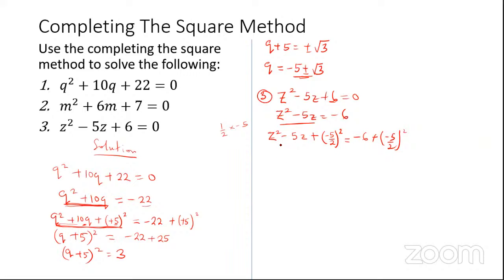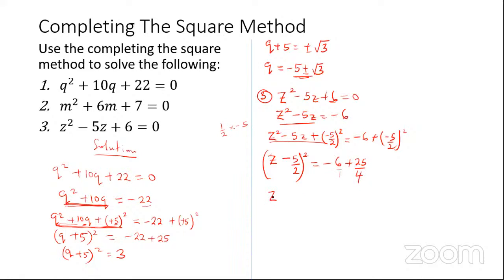So from there, when you want to factorize, you take one of the two squares. So z is one of the two squares, and 5 over 2 is the other one. So bring them together and square. When you expand it, it will give you the same thing as equals to minus 6 plus 25 over 4. 5 squared gives us 25, 2 squared gives us 4.